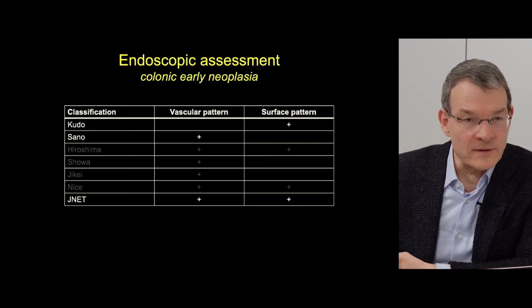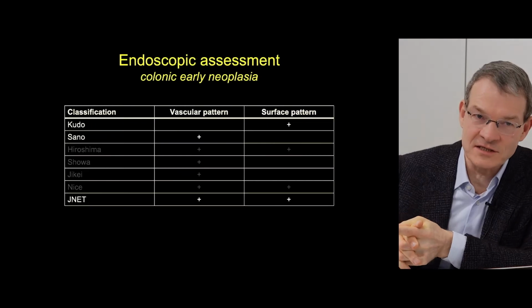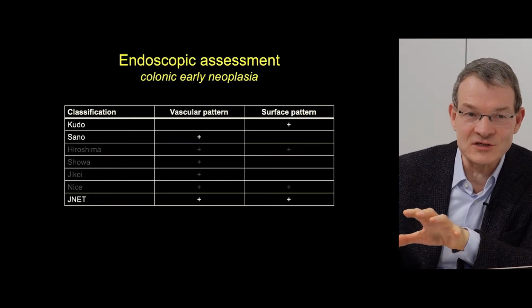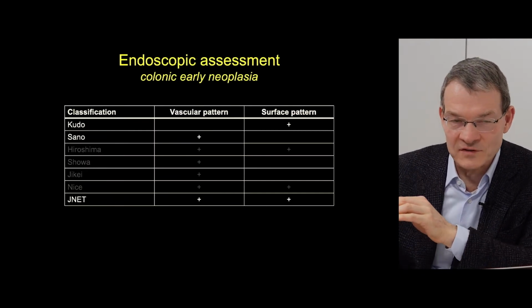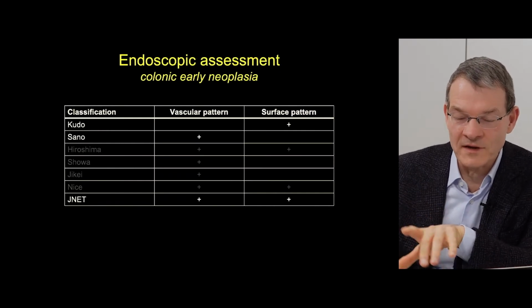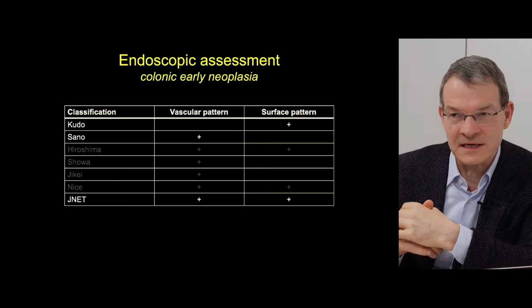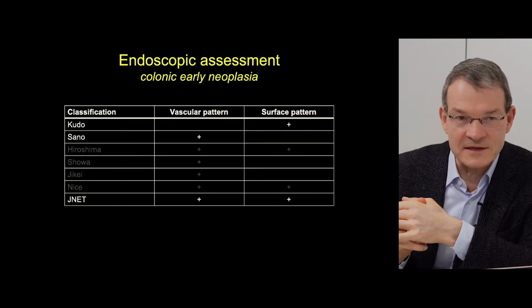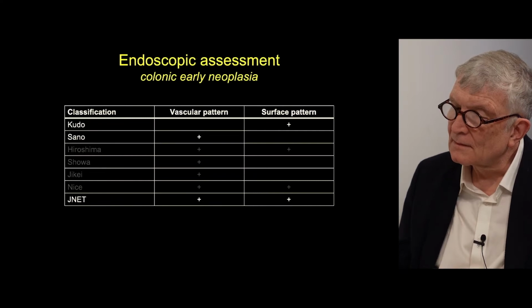We are trying to use the JNET classification, but the point of the JNET classification is if you have JNET 2B, the JNET classification is not sufficient, and the assessment of the surface pattern is recommended. And this is very important. We think now JNET classification, that's all, but JNET classification requires additional surface pattern classification of Kudo if you have a lesion of 2B. This is also written in the classification.